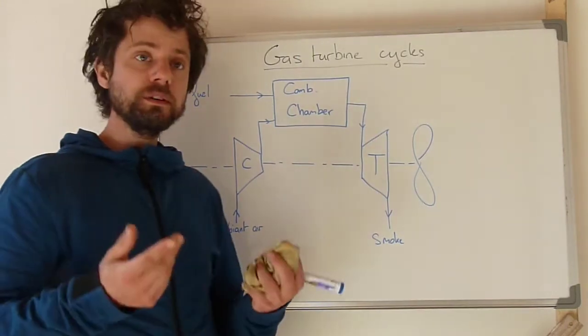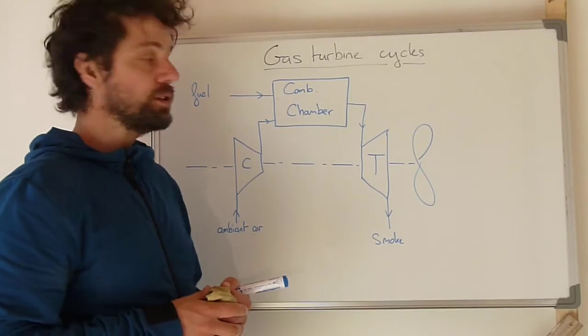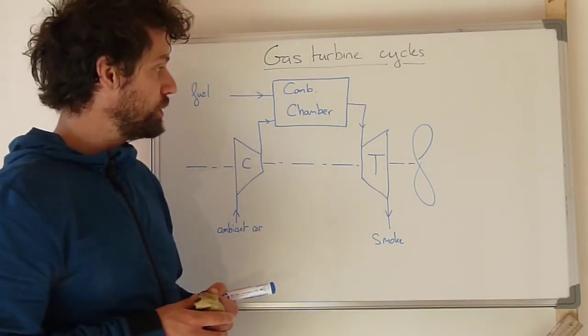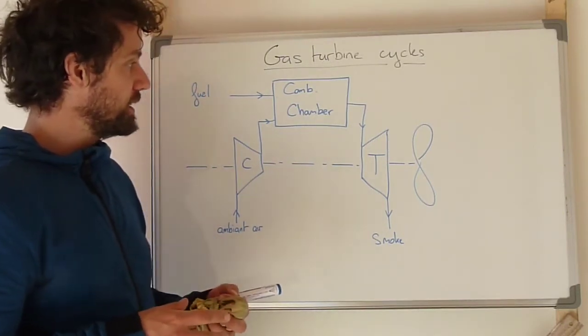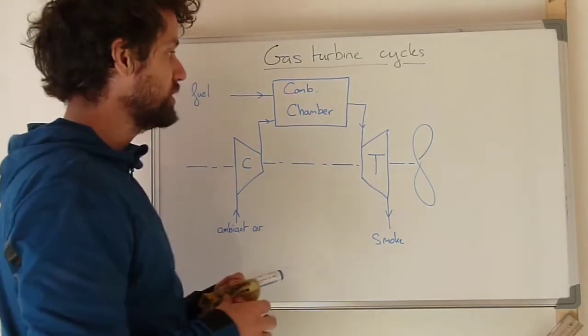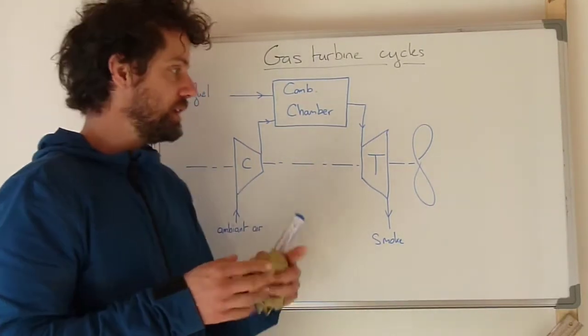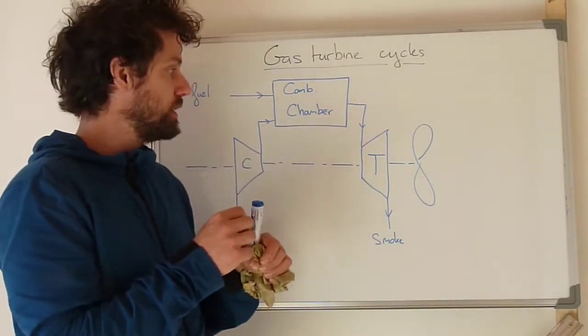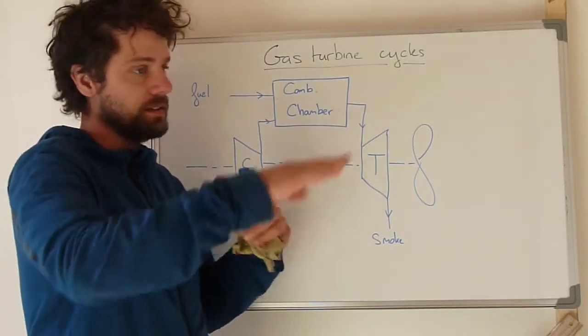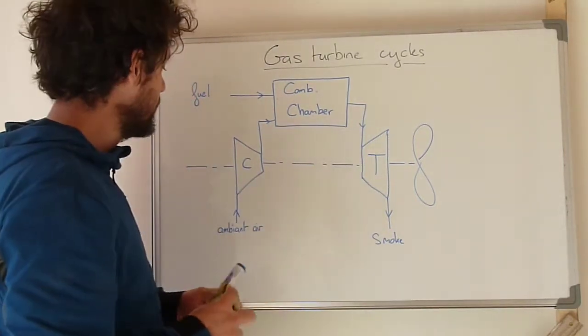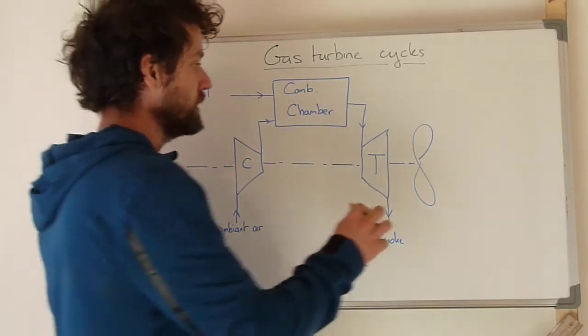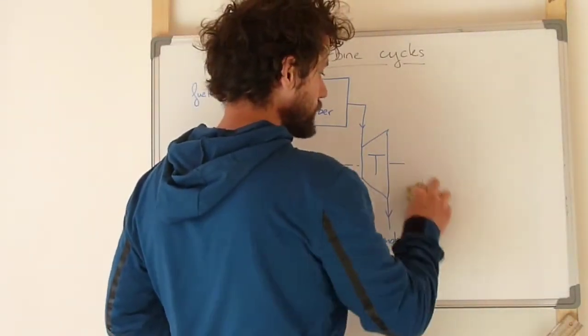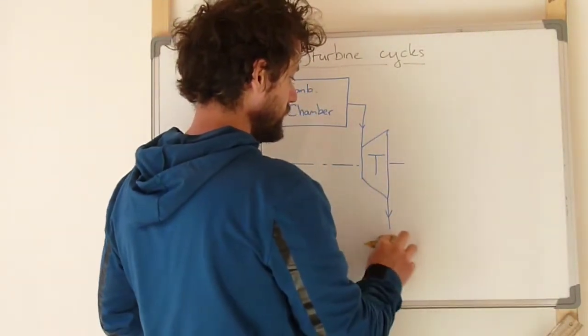There are other gas turbine cycles for which we decide to have two different shafts, so they can be either concentric or at different locations. And for this one, usually we change what we have here.